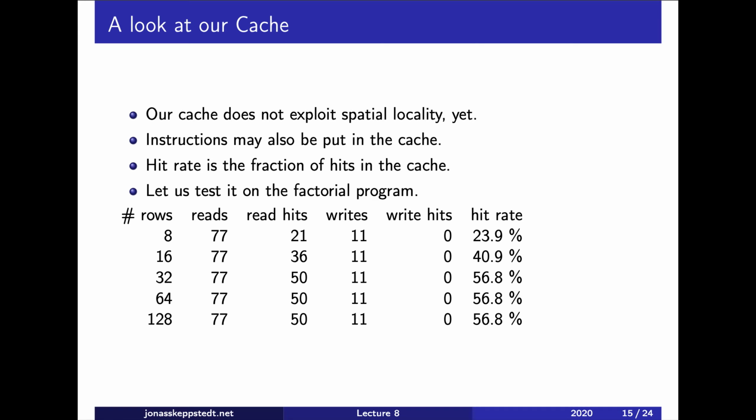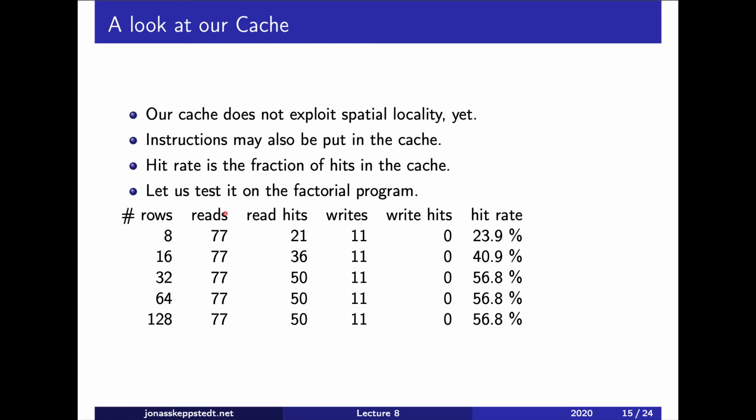Each call saves 2 words of memory, and also main saves the return address. So there are altogether in that program 11 writes. And then there are a number of reads, and many of the reads, I think most, are for instructions.